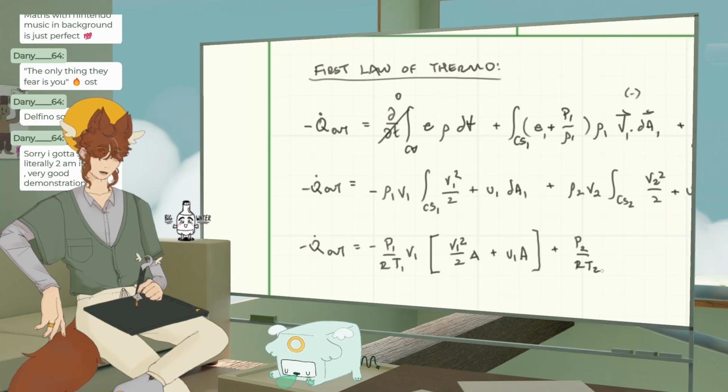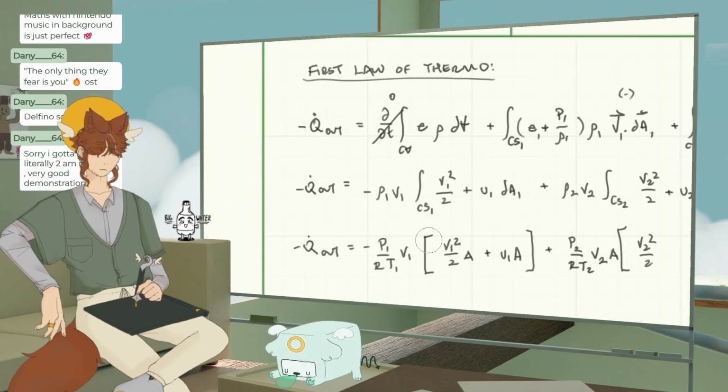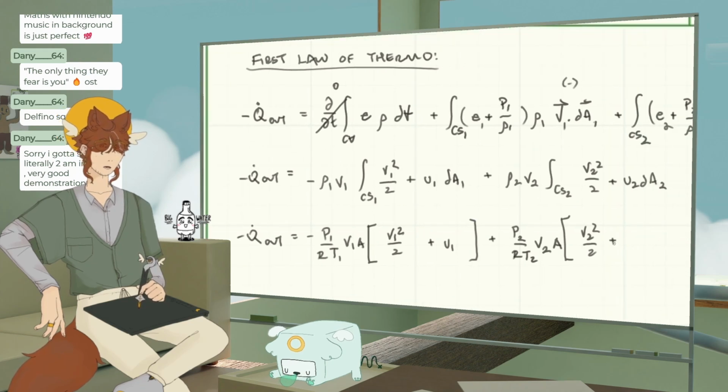Okay, here we go. V2 squared over 2A plus... I mean, I guess I could just pull the A out, right? Let's do that. I was gonna say Q, we can't actually pull that out, but whatever.